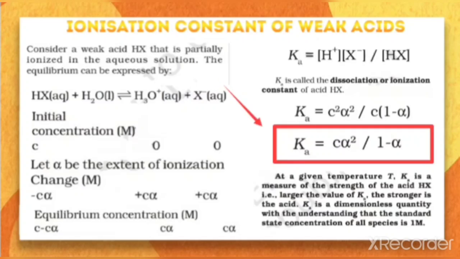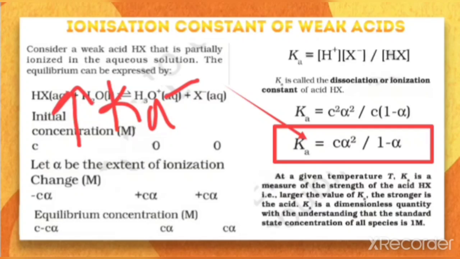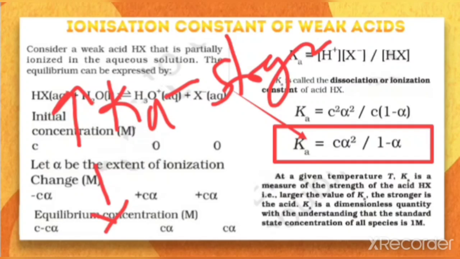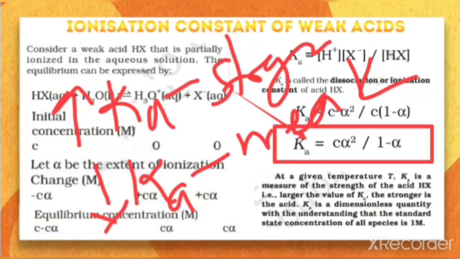With the value of Ka. If the value of Ka is greater, we can say that acid is stronger. If the value of Ka is lesser, we can say that acid is a weaker acid. So on the basis of the Ka value for a particular acid at a particular temperature, we can identify whether the acid is strong or weak.